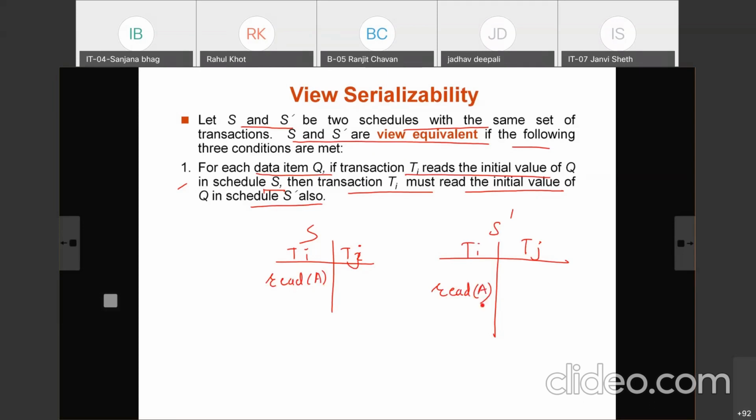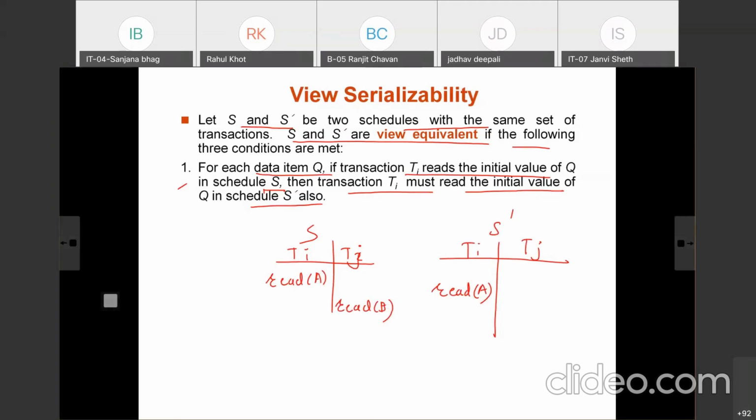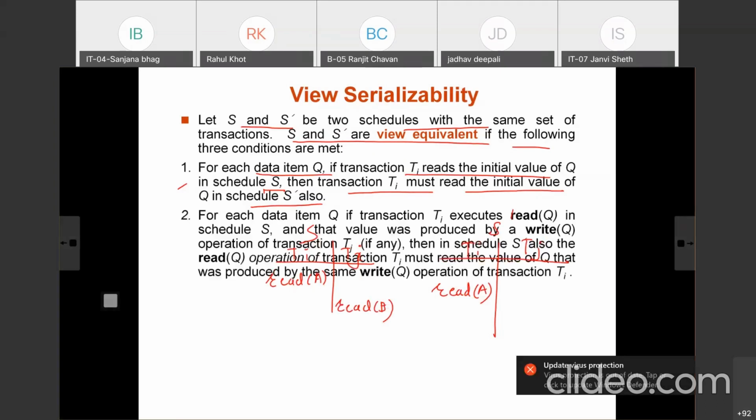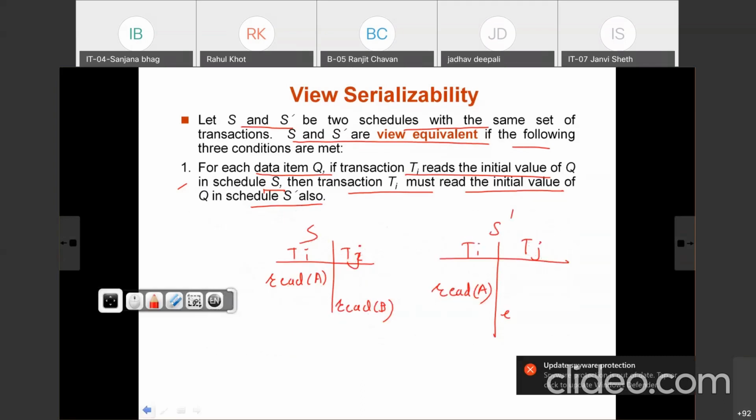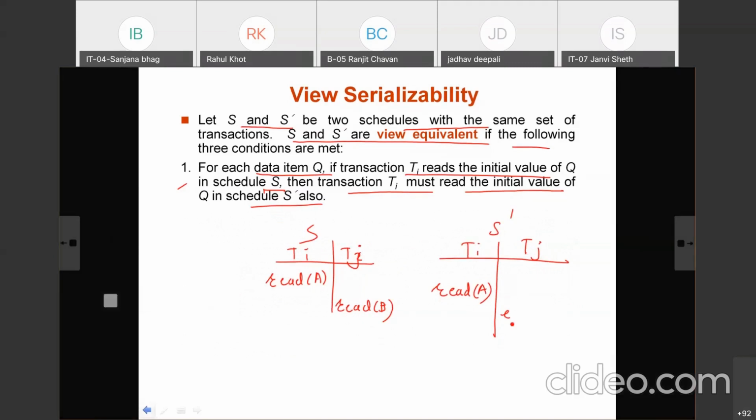In this, if transaction Tj reads the initial value of B, then in this also transaction Tj must read it. Have you understood the first condition? Simple. If transaction Ti reads the initial value of Q in S, then in S dash also transaction Ti reads the initial value of Q.